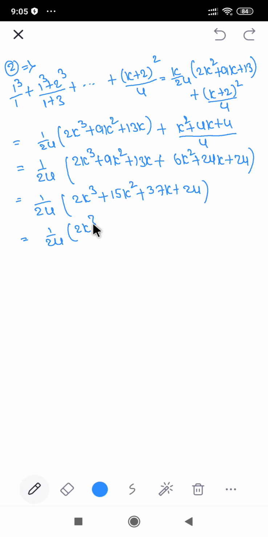I am writing as it is: 2k cube plus 15k square plus 37k plus 24. I am making this as equation 3.